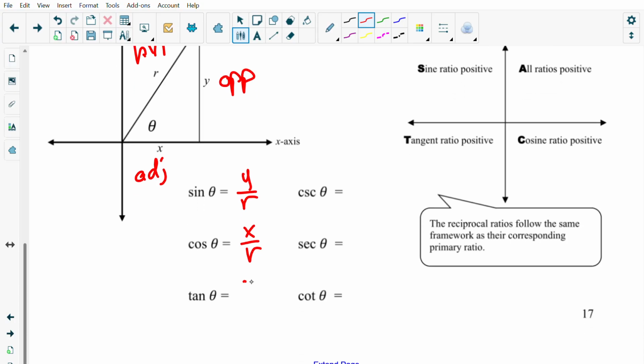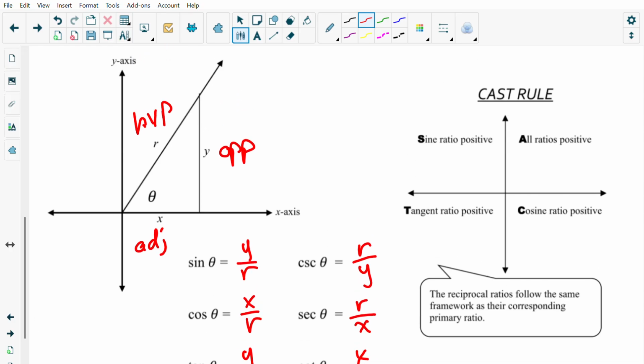Tangent ratio is opposite over adjacent, y over x. Cosecant ratio is the reciprocal of the sine ratio, so it's r over y. Secant ratio is the reciprocal of the cosine ratio, so secant of theta is r over x, and cotangent of theta is the reciprocal of the tangent ratio, so we have x over y.